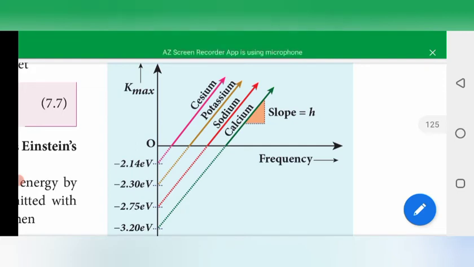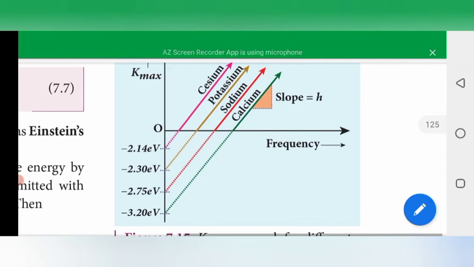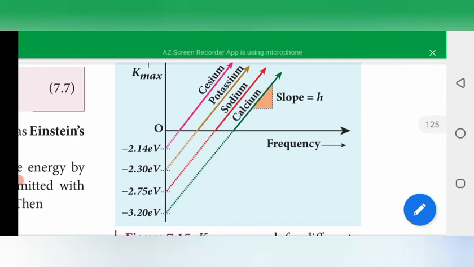For cesium the work function is 2.14, and for calcium 3.20 electron volts. Like that you have to take the slope values, which is considered as h, the Planck's constant. These values agree with the practical predictions. Millikan's experiment also calculated the value of the Planck's constant like that.